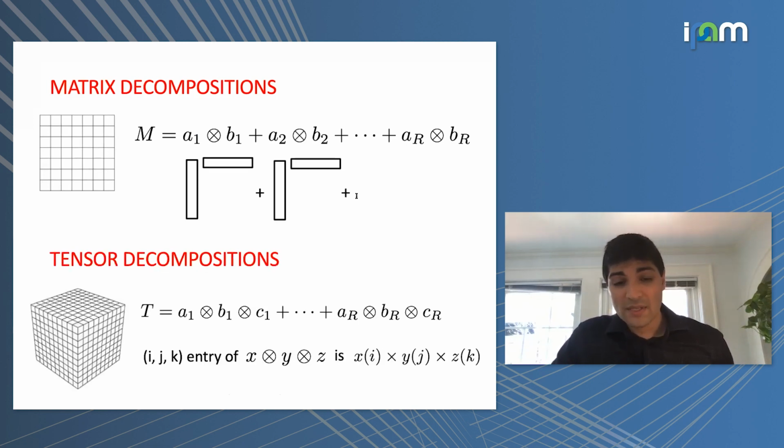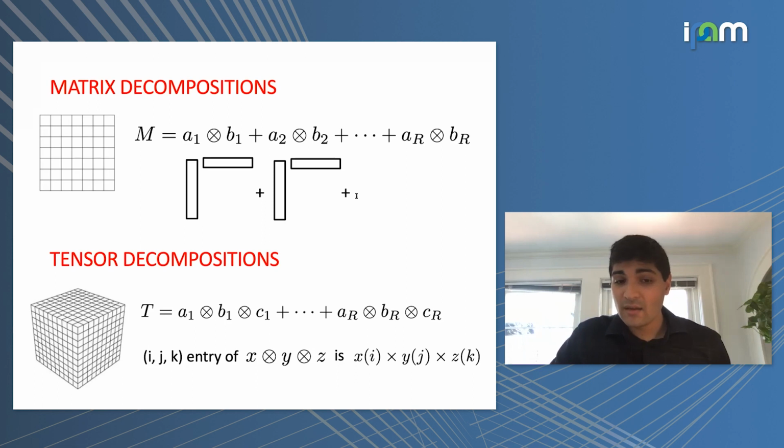And tensor decompositions work in the same way. You have a tensor, which is now, instead of a two-dimensional grid of numbers, a three-dimensional array of numbers. So it's indexed by i, j, and k, let's say. And the way that you think about tensor decompositions is, first, what is a rank 1 tensor?